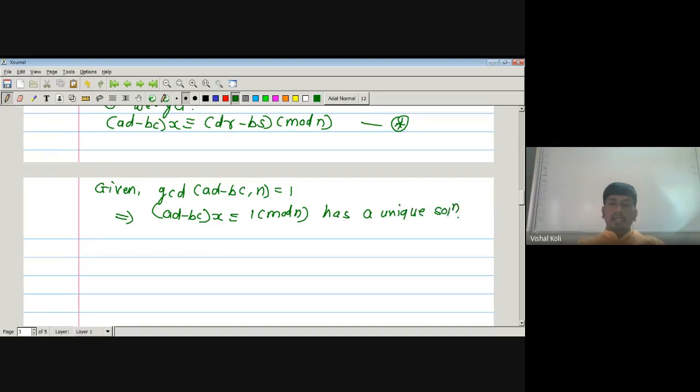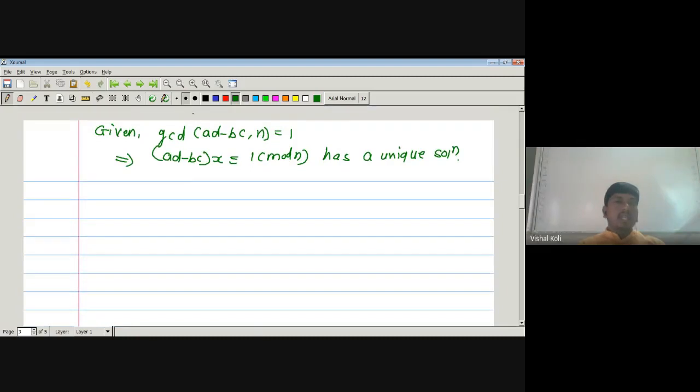As it has a unique solution, let x equal to t be its solution, which implies (ad minus bc) into t is congruent to 1 modulo n. Use this as equation 3.